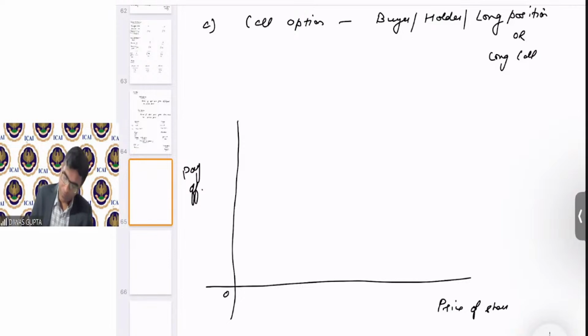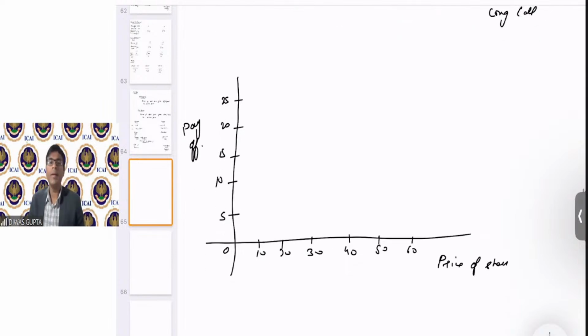Let's say it is 0, 5, 10, 15, 20, 25, and 10, 20, 30, 40, 50, 60, like that. So on the y-axis, we have plotted the payoffs. On the x-axis, we have plotted the price of shares.